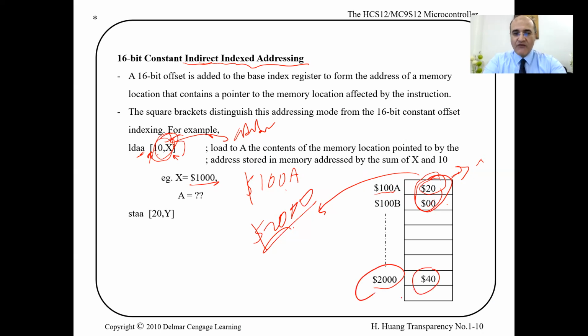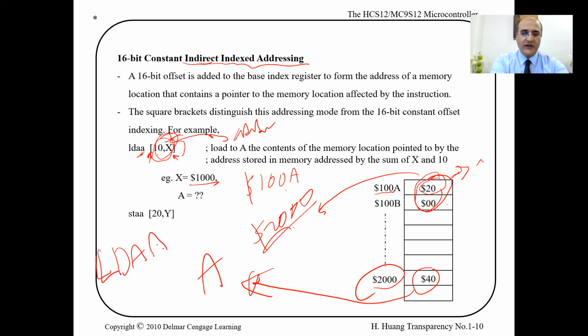What do we have here? 40. This is what we are going to send to A. So we say load accumulator A, [10,X], X is 1000. Then A is going to be 40 hex.